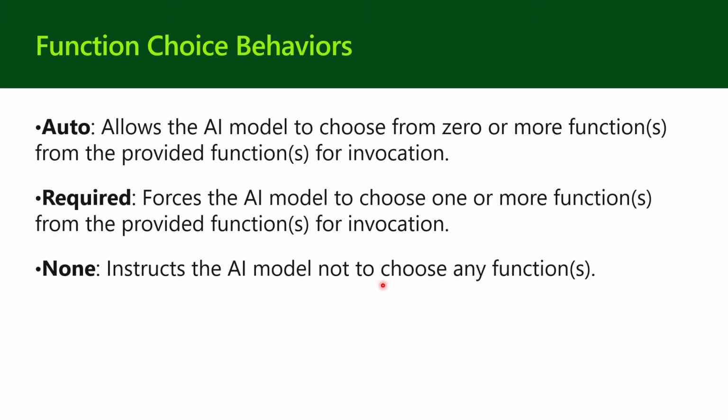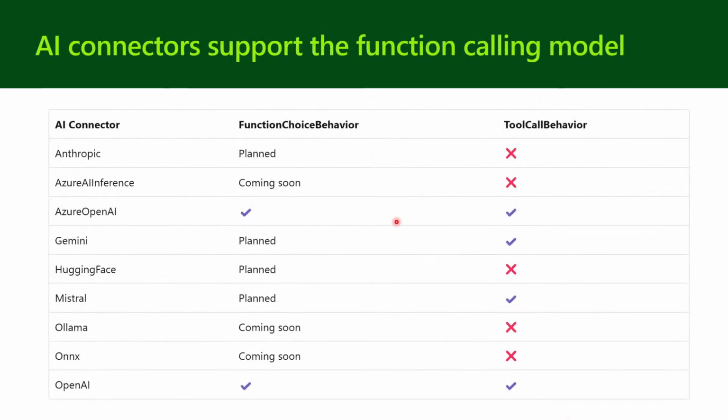But before I get into the details of this function choice behavior, let's see which AI connectors support function calling and which do not. As you can see, Anthropic is planned, and Azure AI Inference is coming soon. Currently, Azure OpenAI and OpenAI are supported with this auto function calling. The rest of them are planned or coming soon.